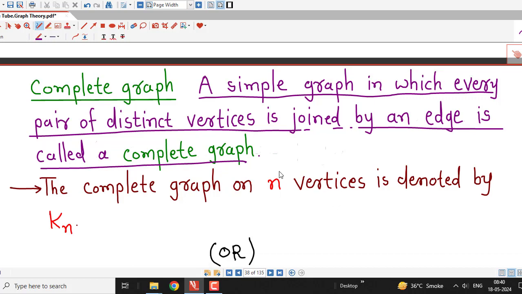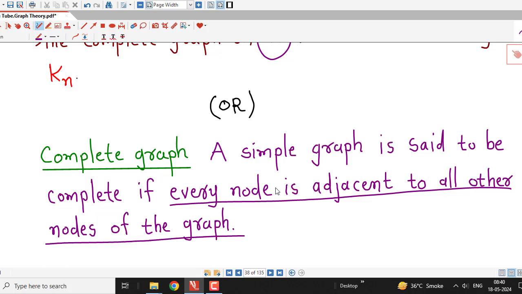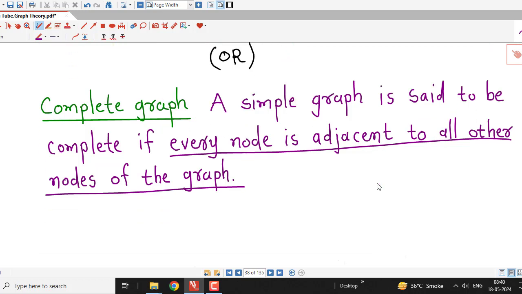The complete graph on n vertices is denoted by Kn. You can write an equivalent definition also. A simple graph is said to be complete if every node is adjacent to all other nodes of the graph. That means every node is joined by an edge to all other nodes of the graph.